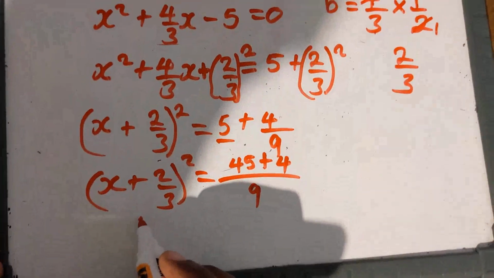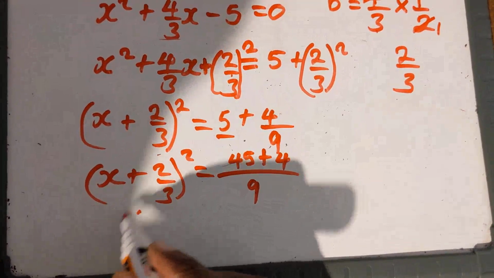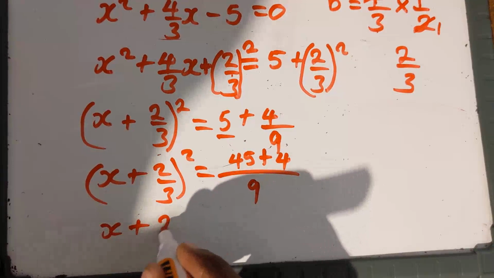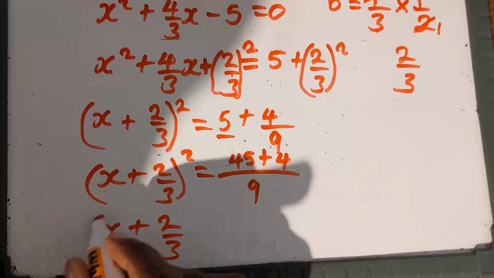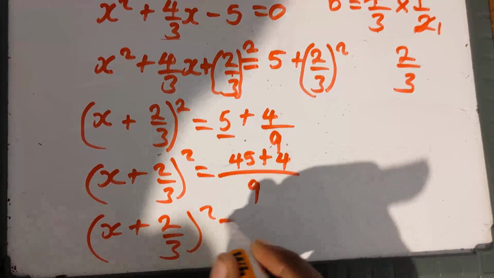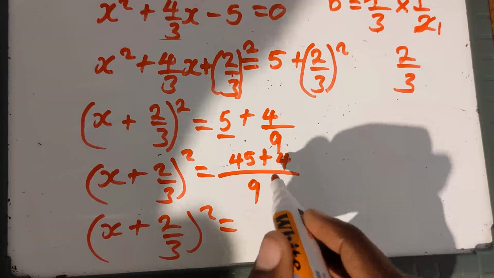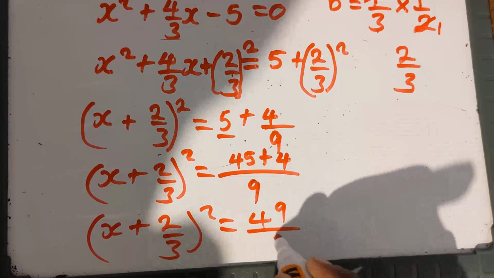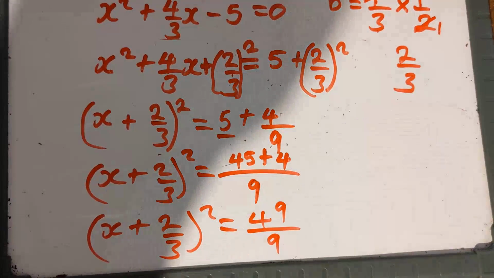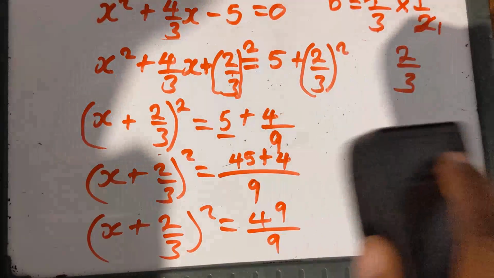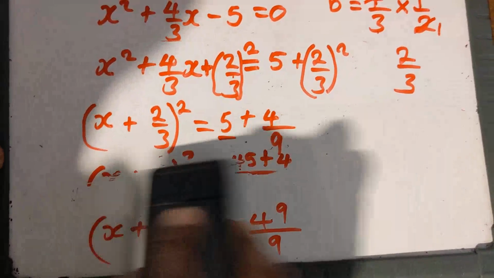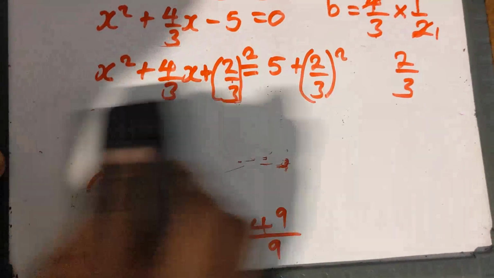So if we solve it, it's going to be x plus 2 over 3 squared, then it is equal to 45 plus 4, that is going to be 49 over 9, like that. Okay, so let me just try to create some space.